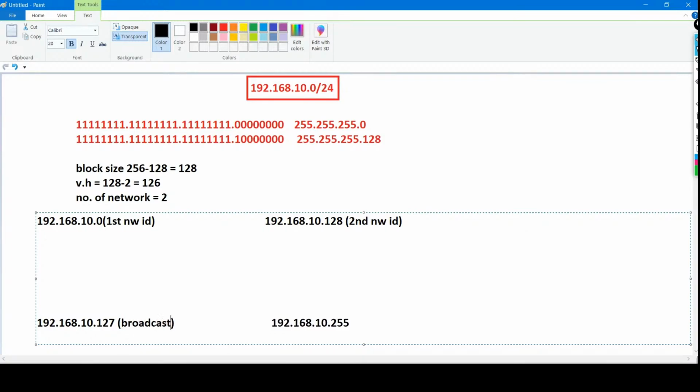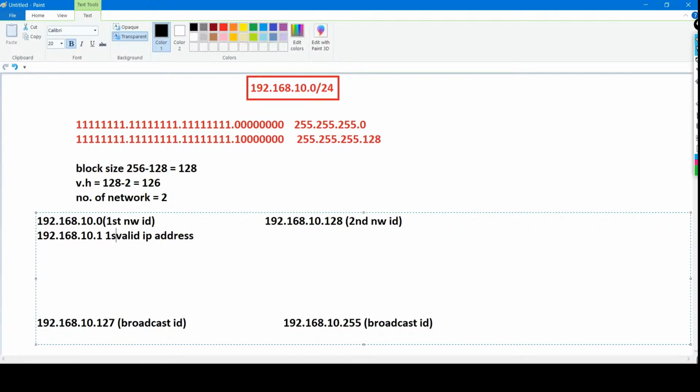Broadcast ID, and this one is the second broadcast ID. Tell me how many usable IP addresses are there in network 1. Here you can see 126. The first IP address will be 192.168.10.1. This one is a valid IP address, the first valid IP address.